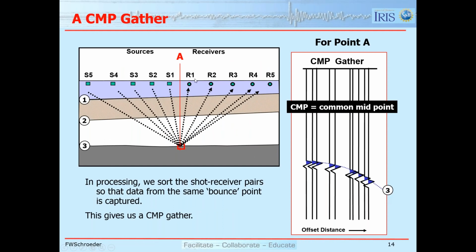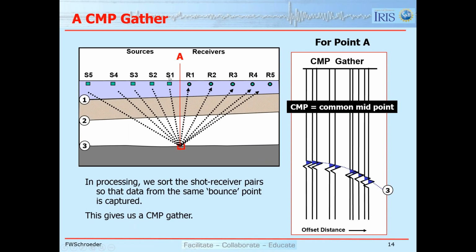So what we do in processing is we gather or collect shot-receiver combinations that give us a bounce point, a reflection point at a particular location. And that would be true for any data associated with a vertical line drawn at this location. So now we have a CMP, a common midpoint gather.